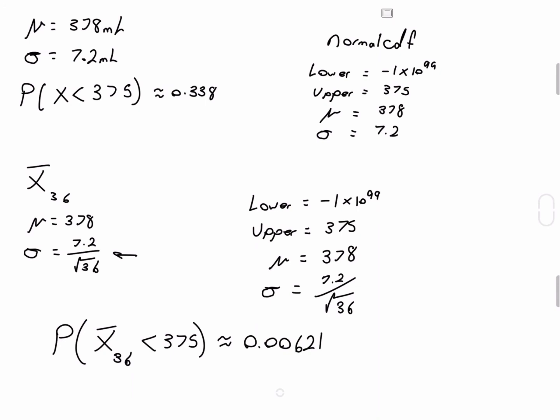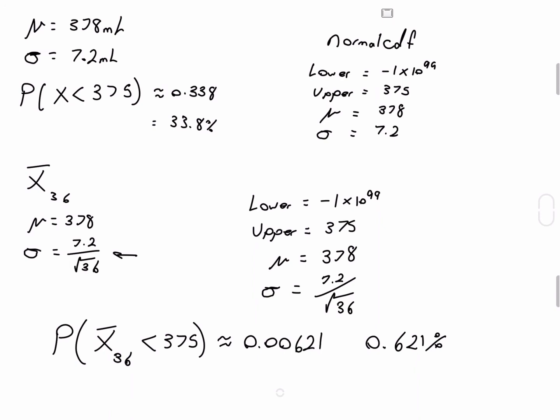So this is when we're starting to compare and look at real world examples. So we know that this here is 33.8% and here is 0.621%. So again, there's approximately a 0.6% chance of getting an entire box, so every can in that box, with average contents less than 375 millilitres.